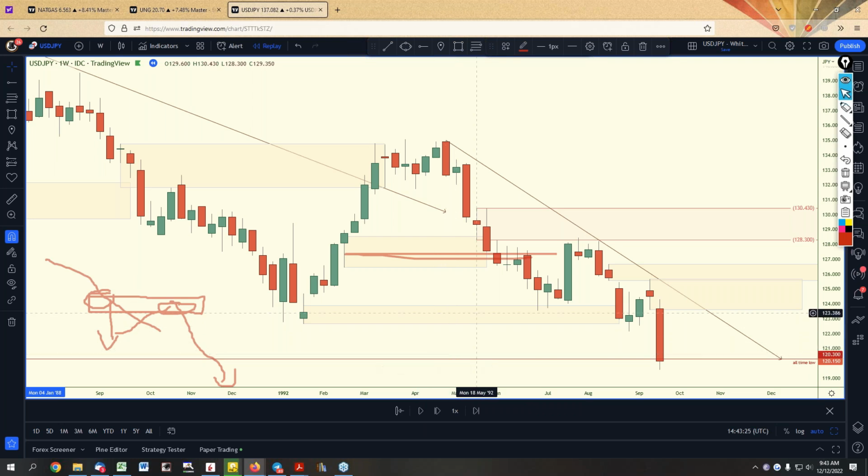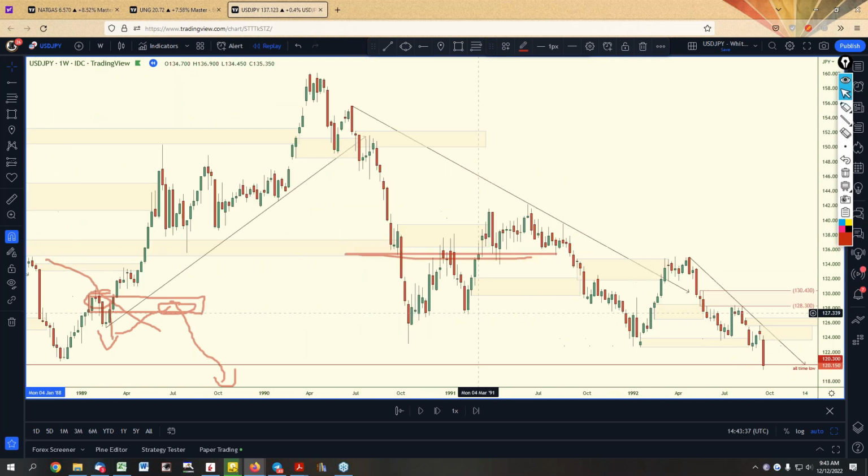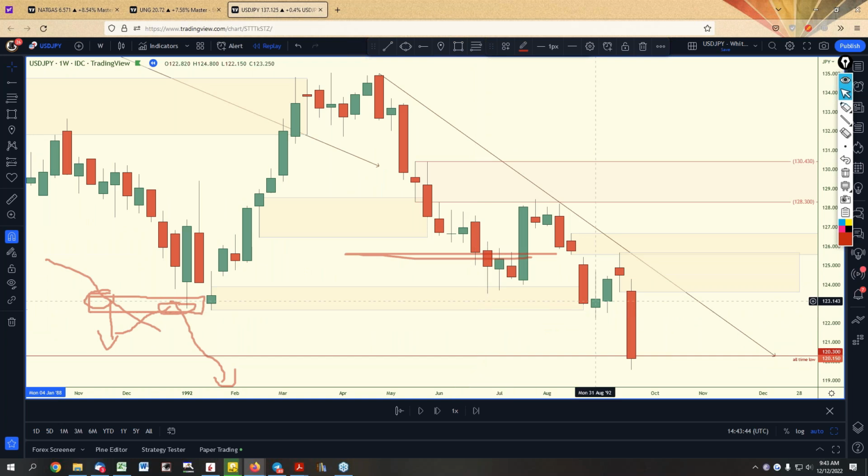All-time lows, right? So we're looking at this and we're like, all right, I want to engage in this because it just broke to all-time lows. I want to engage in this market. And so we have a trend line to the downside and we have supply being created. Maybe this is the time for me to engage, right?